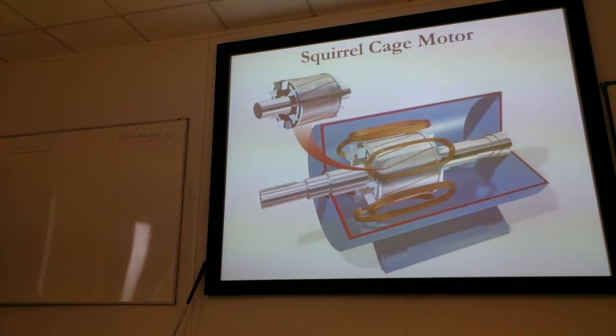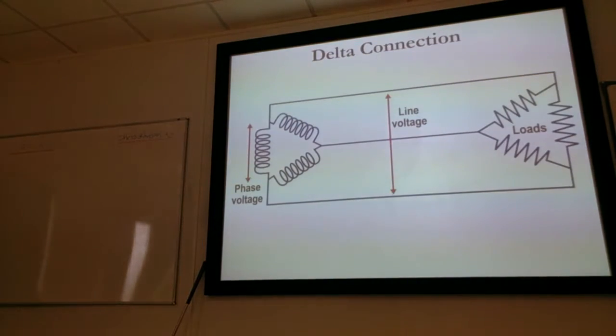Now we saw the star connection. Delta connection is slightly different. So the delta connection, we've got the three phases there. The line and phase voltage are the same, but the line current is square root 3 of the phase current. So line voltage and phase voltage are the same, but the current varies.